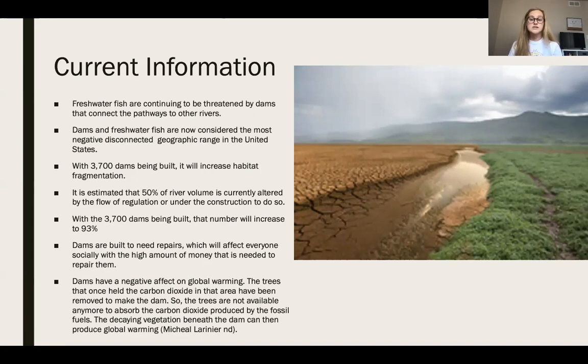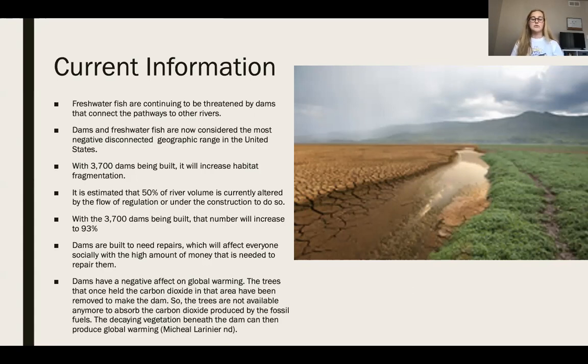I thought that was such an interesting topic. I didn't really see the relation between the creation of dams and global warming. The trees that are no longer there cannot absorb the carbon dioxide produced by fossil fuels, so the decaying vegetation beneath the dam can then produce global warming because, again, the trees weren't there.